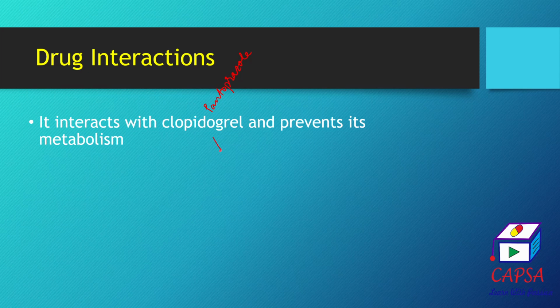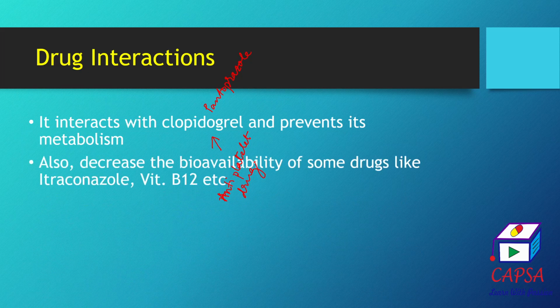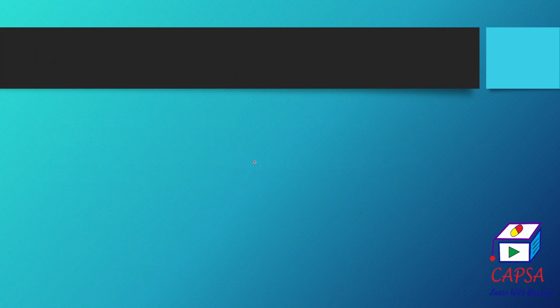This is an antiplatelet drug, and they prevent its metabolism. Also they decrease the bioavailability of some drugs like itraconazole and vitamin B12. And also there are so many other drugs.